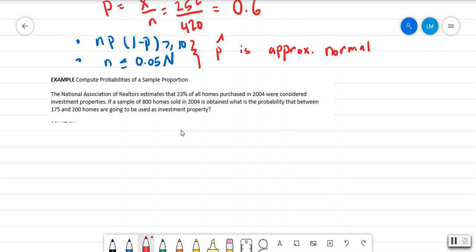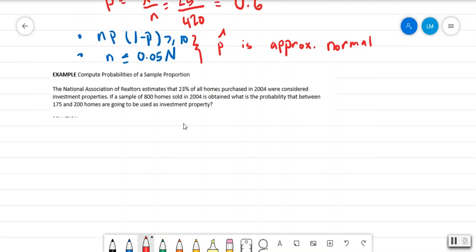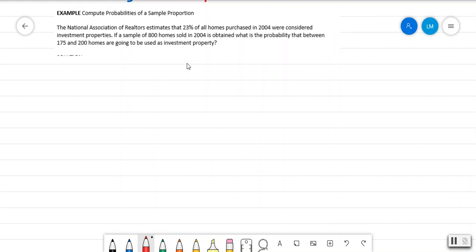Now, one of the other things that I need to mention is that the mean for p hat is equal to the population proportion.